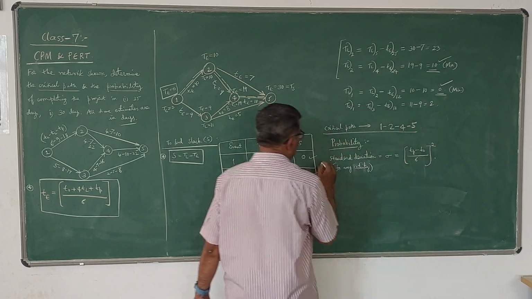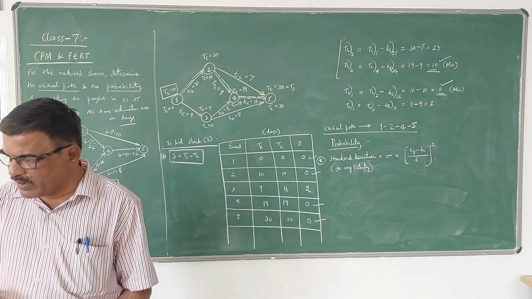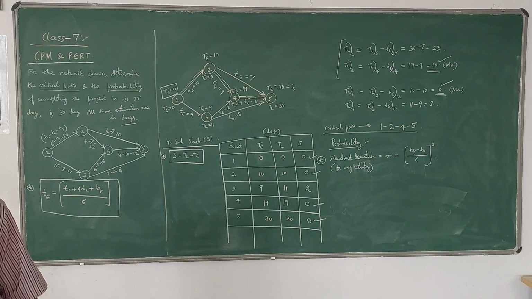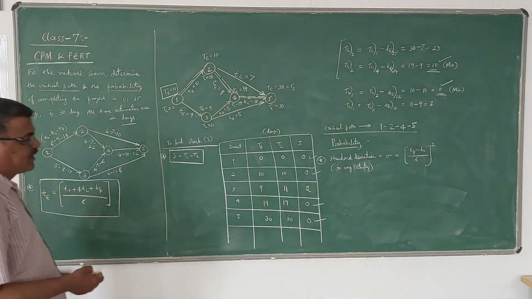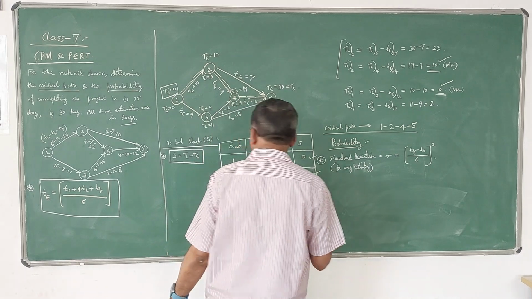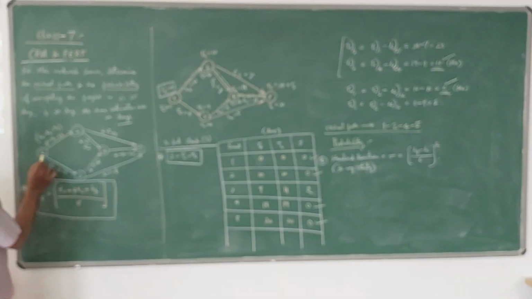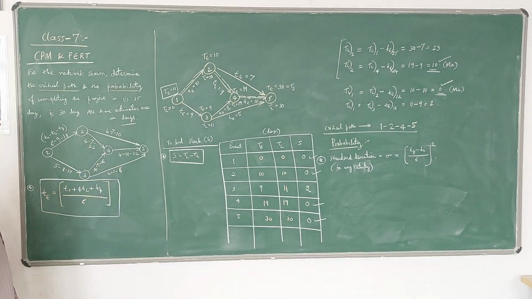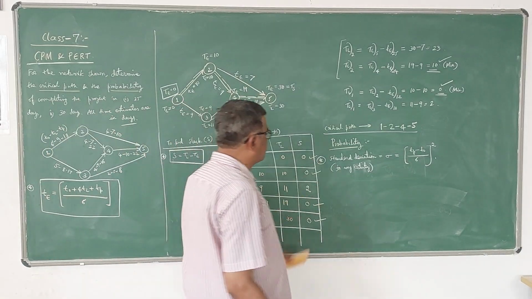This is another important formula you should remember if you are asked to calculate probability. Now let us calculate this sigma value for all the activities. There are how many activities here? 1 2, 1 3, 3 4, 2 4, 4 5, 2 5, 3 5: 7 activities are there.